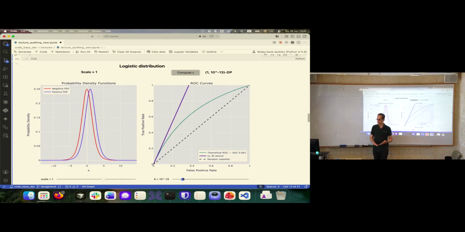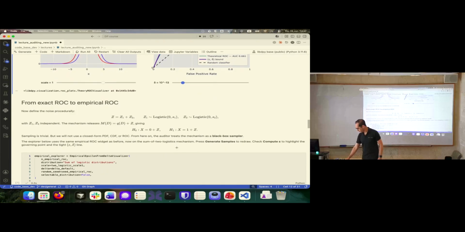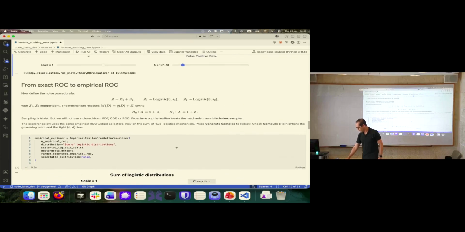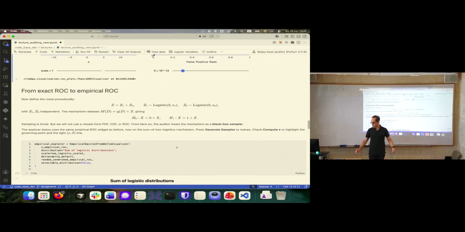But what would I do if, for whatever reason, someone came up with the idea of adding two logistic noises, with even two different noise scales? Two logistics with the same noise scale still have some closed form expression of their convolution.